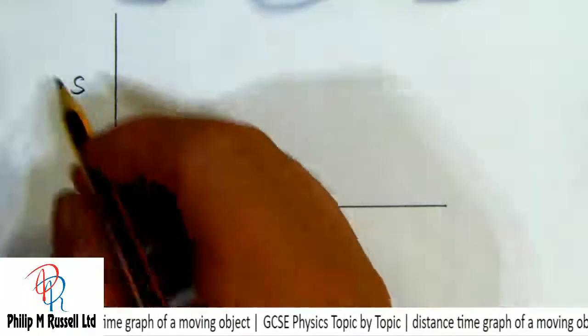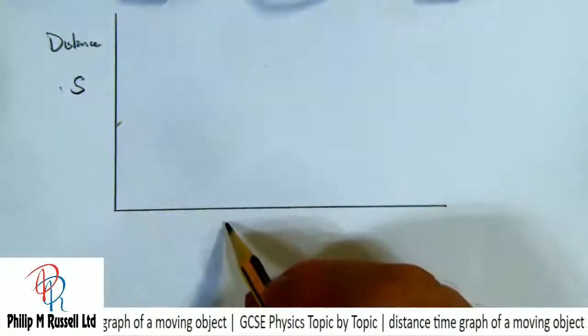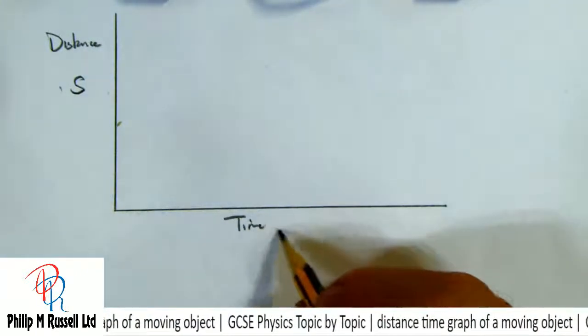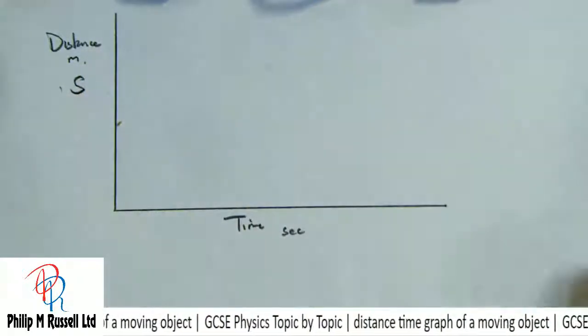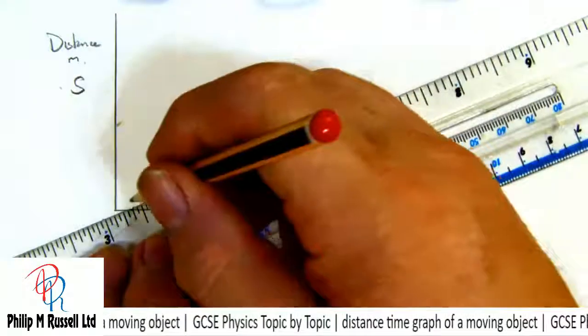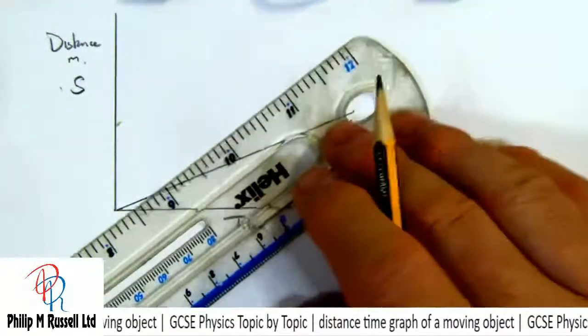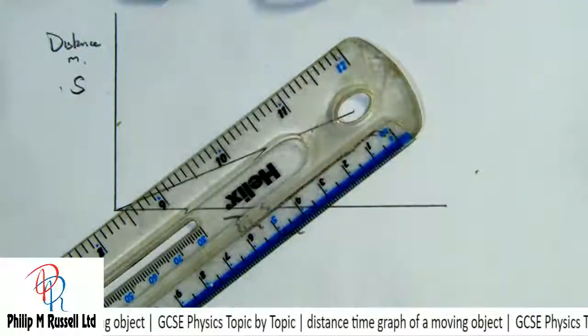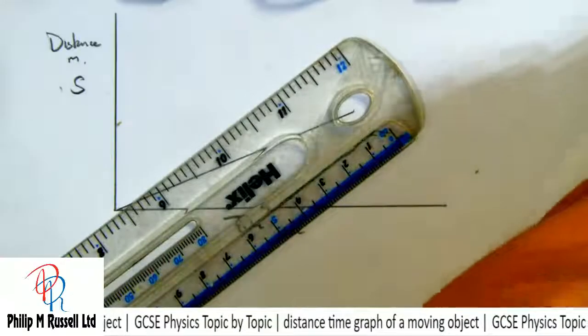In physics we use the letter S to represent distance. Time measured in seconds, distance measured in meters. And if I look at 3 different graphs here, I'll make them different colours, it will probably be easier to see.